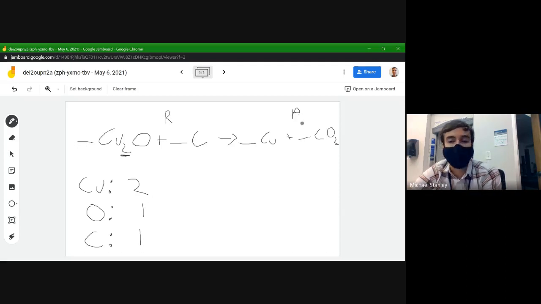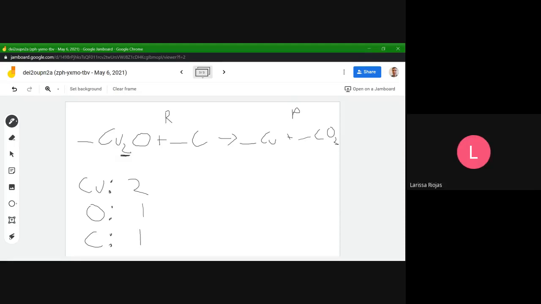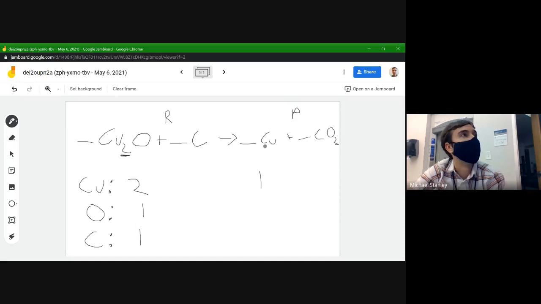What about if we look over at the product side? How many coppers do we have? 1. The 1 copper right here. How many carbons do we have? 2.